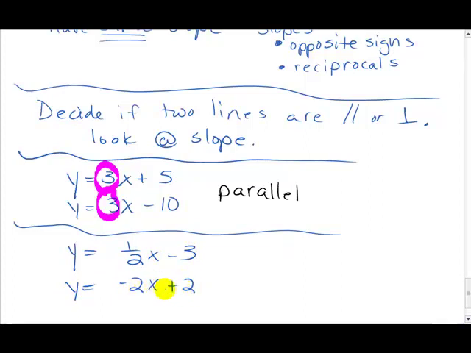When I look at these two lines and I look at their slopes, they have opposite signs. 1/2 is the reciprocal of 2, and so then I know these are perpendicular.